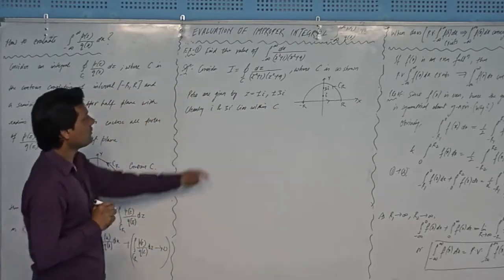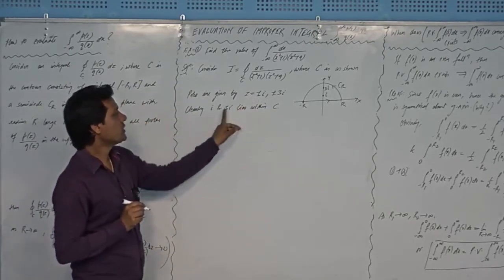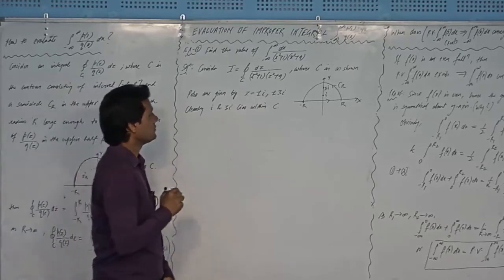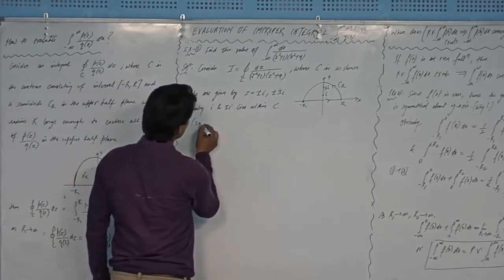Okay, and I will evaluate the residue at these two poles, and both of them are simple poles, right?